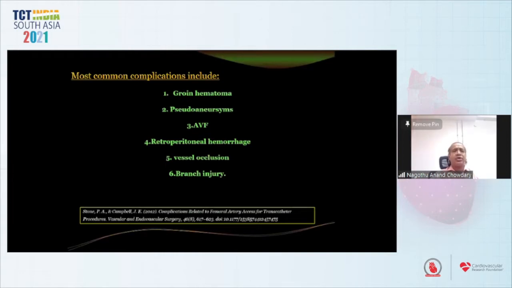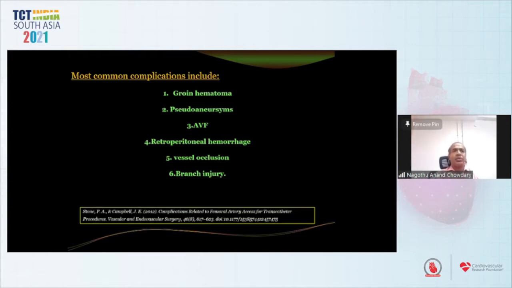The most common complications include groin hematoma, which is the most common and can easily be detected and taken care of. When these hematomas continue to grow, it may be due to a pseudoaneurysm, that is, vessel wall enlargement causing dilatation of these blood vessels.